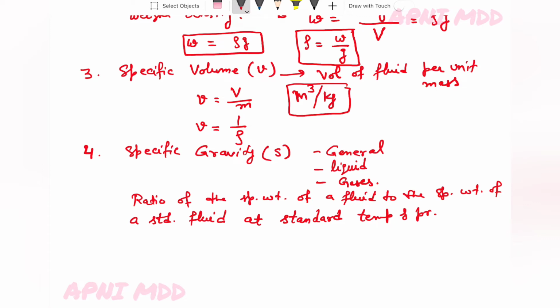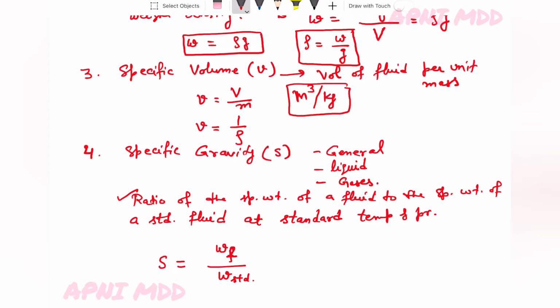Okay, now this is the general definition. So you can write S is equal to specific weight of fluid divided by specific weight of standard fluid at standard conditions.